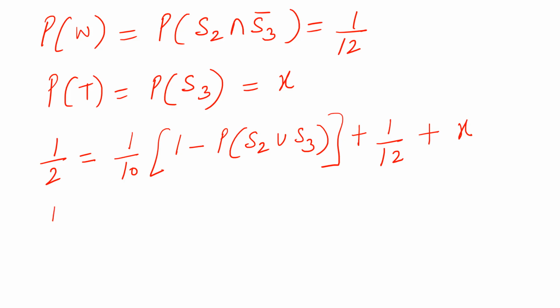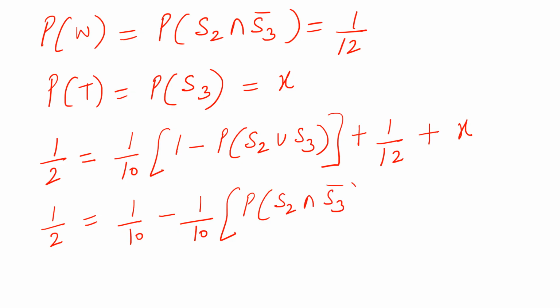Now students, this can further be written as 1 upon 2 equal to 1 upon 10 minus 1 upon 10 into the probability of S2 union S3, which can further be written as probability of S2 intersection S3 bar plus probability of S3. You can deduce this just by looking at the Venn diagram, right?